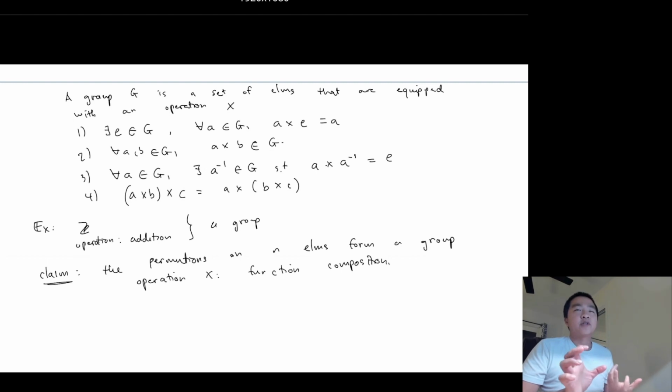If you have the composition of two permutations, it is obviously another permutation. So that's the closure property. For the invertibility property, you can note that if you have a bijection function, there exists an inverse function that is also a bijection.